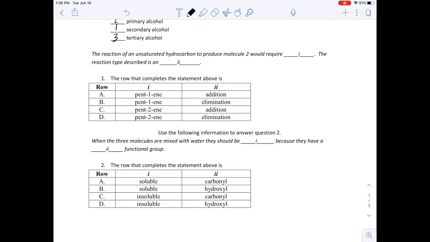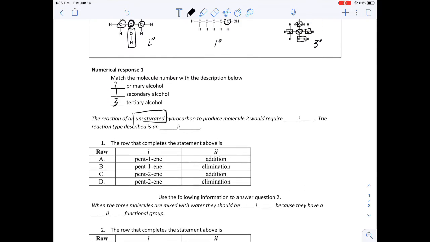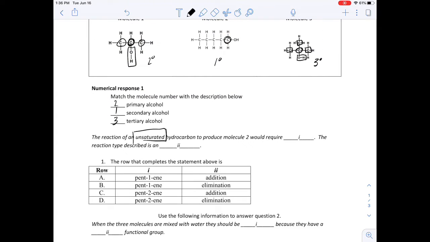Now, this says the reaction of an unsaturated hydrocarbon. So if it's an unsaturated hydrocarbon, we know it's going to be an alkene or an alkyne. To produce molecule 2, if we were going to use an addition reaction, we could add to the double bond, and if we wanted to make this molecule and get a hydroxyl, then the carbon that has a double bond has to occur in here, right?